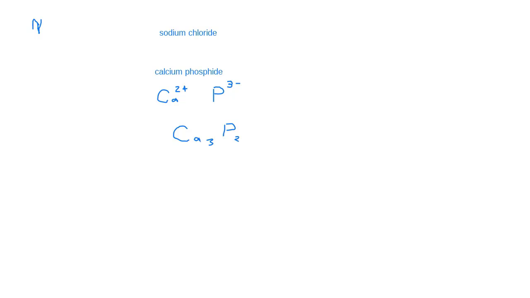Does it mean that anytime, how would I say it now? Whenever you find the common multiple, you write it at the bottom, right? You can write the lowest common multiple if you want. You don't have to, but the bottom line is that the total positive charge has to be equal to the total negative charge.